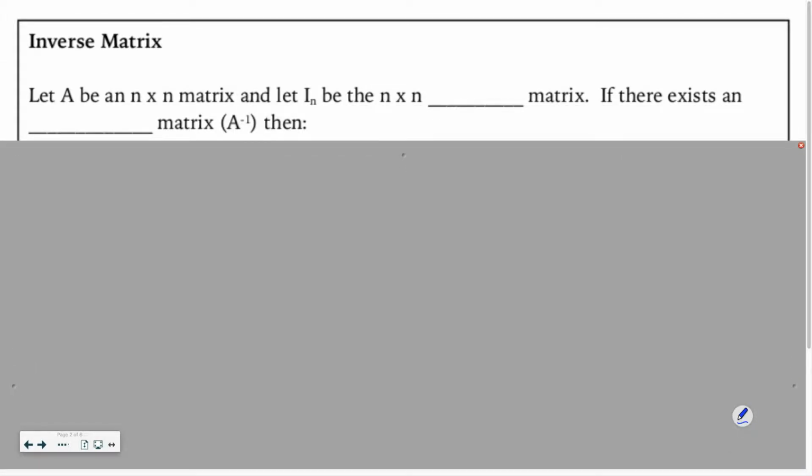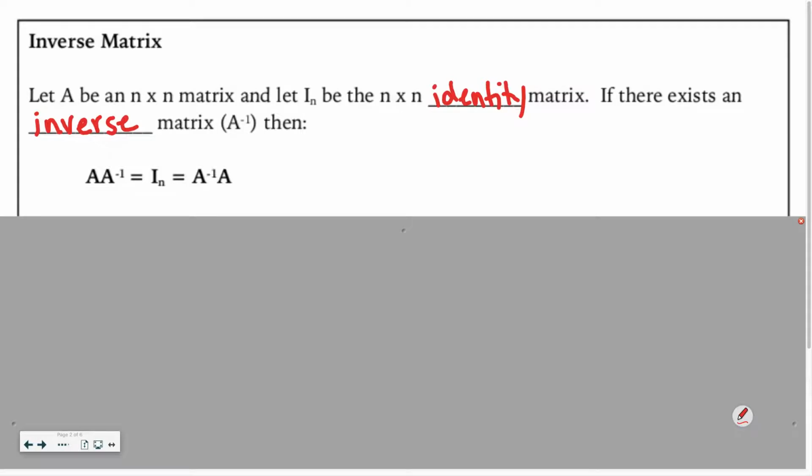So, if A is an n by n matrix, and I, see how we call it I, is the identity matrix, if there exists an inverse, notice how we say if, it's not guaranteed, then A times A inverse is the identity matrix, or A inverse times A is the identity matrix.